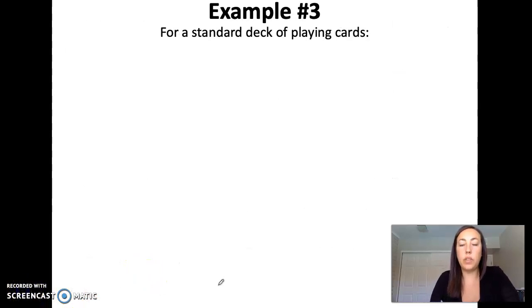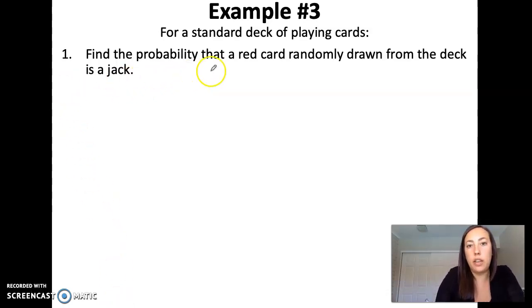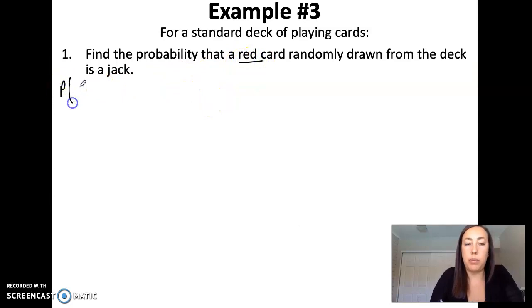For the last example, we're working with a standard deck of playing cards. First, we find the probability that a red card randomly drawn from the deck is a jack. What we know about the situation is the card is red, so we're finding the probability that the card is a jack given the card is red.